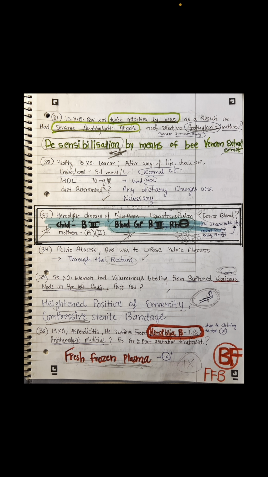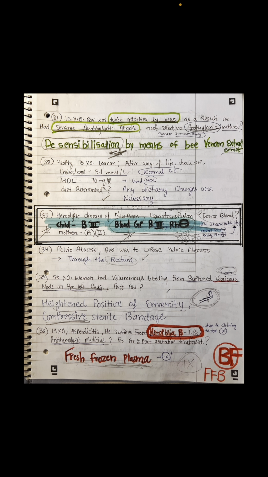So next, sir, in the cases of hemophilia A, we have seen that we provided the cryoprecipitate to the patient because cryoprecipitate is rich in factor 8. All right. And here is the case of hemophilia B. So in hemophilia B, the deficiency is related with factor 9. So sir, what are we going to provide to the patient?